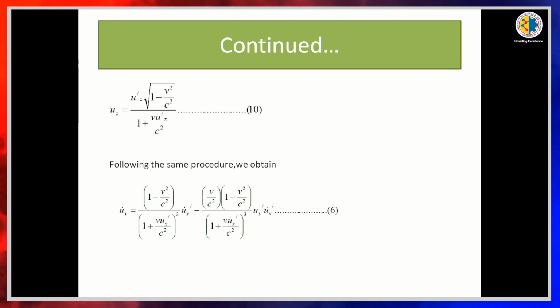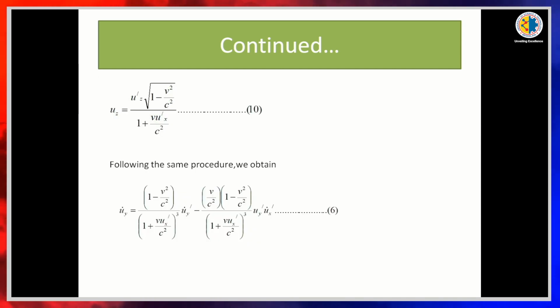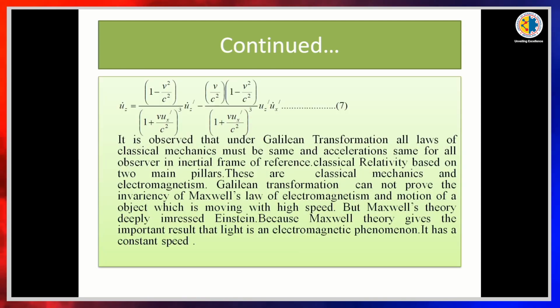So, following the same procedure we obtain u dot y and u dot z. Here u dot y means the acceleration component in the y direction and u dot z is the acceleration component in the z direction.